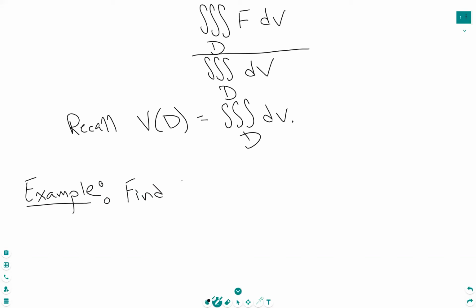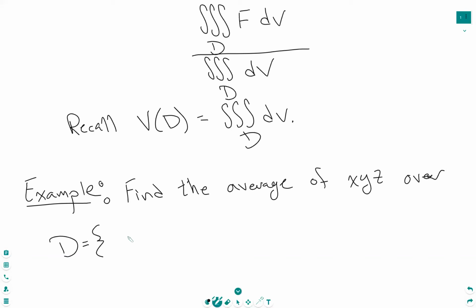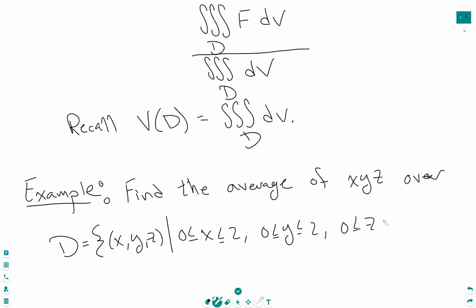We're going to find the average of x times y times z over some domain D that is the points x, y, and z such that x is bounded between 0 and 2, y is bounded between 0 and 2, and z is bounded between 0 and 2.